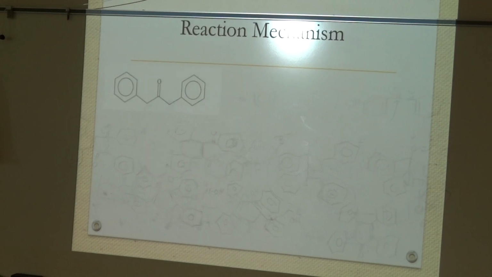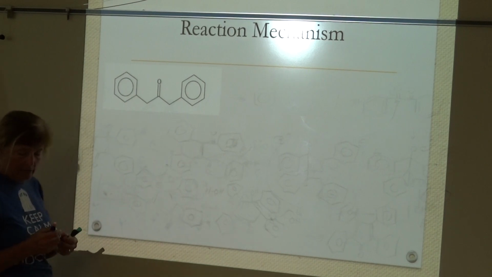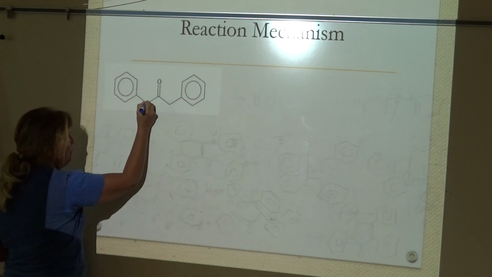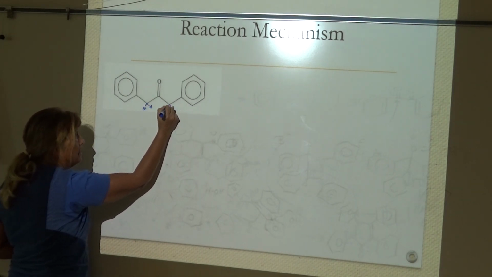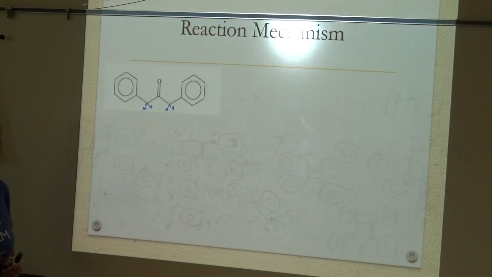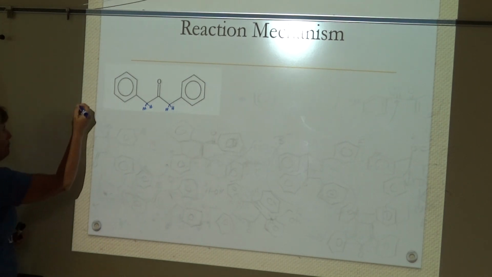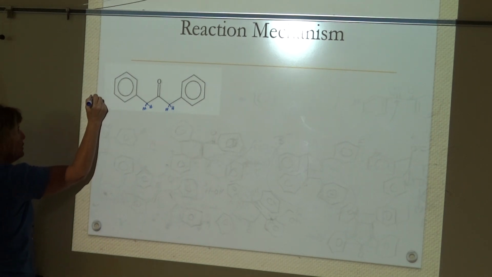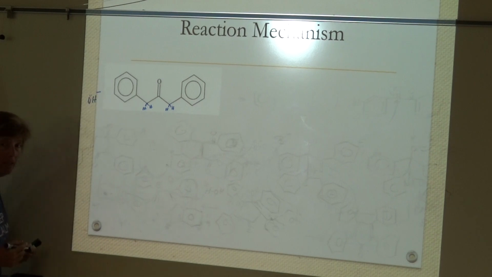Okay, so to do the mechanism, we have our ketone with 4 hydrogens here that are alpha to the carbonyl and so are acidic, and we're going to treat this with ethanolic hydroxide.